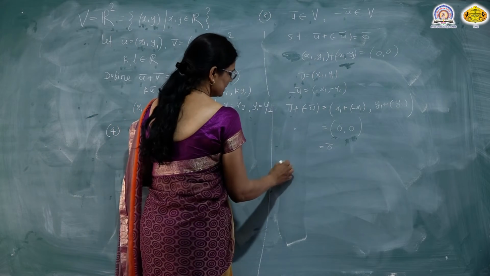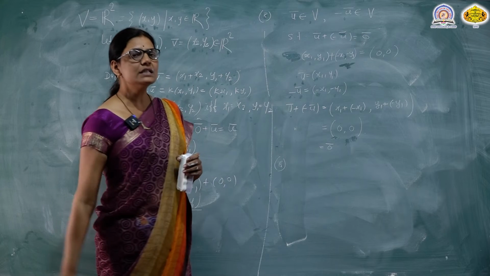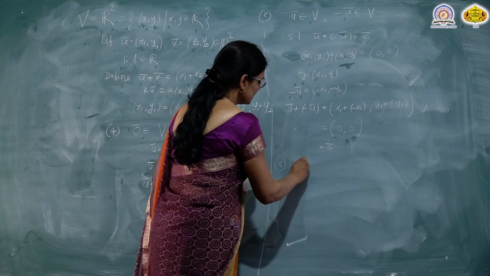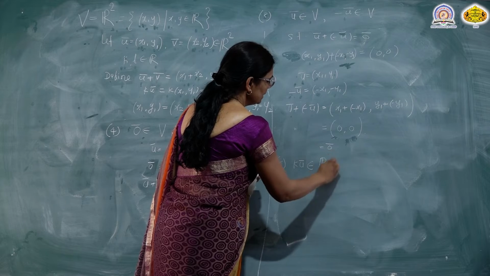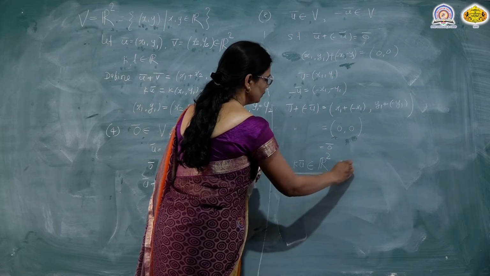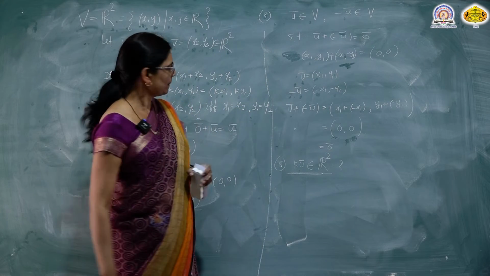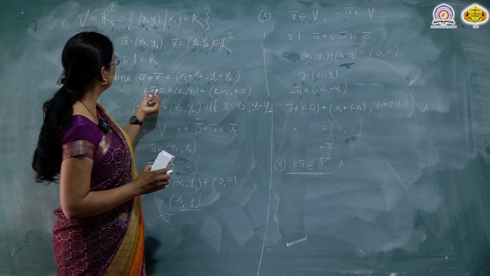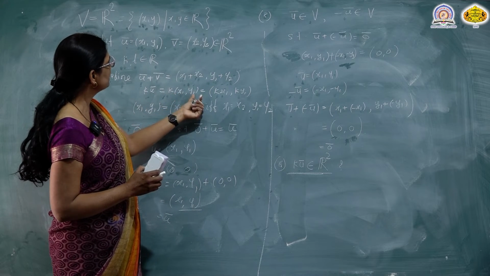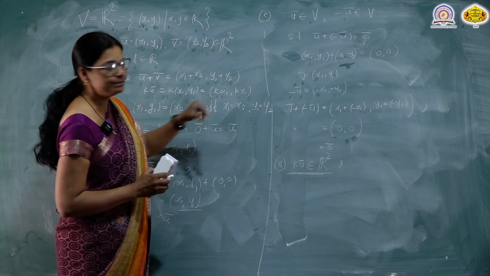Now the sixth property: we want to prove that a scalar times a vector u bar is again in V, that is, again in R2. If you consider k times u bar, this is our definition: k times (x1, y1) equals (k x1, k y1).